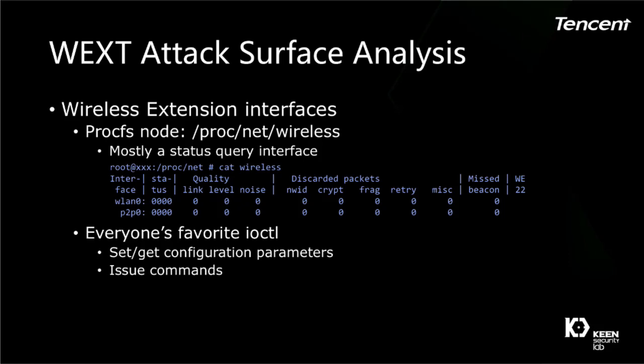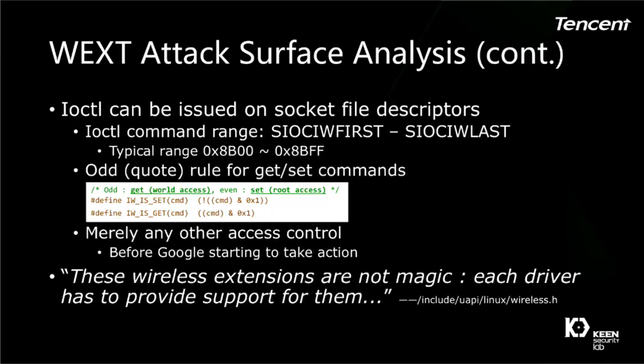So it provides a very feature-rich interface, which can be a potential attack surface as well. Let's take a look at how this I/O control interface was implemented. We all know that I/O control interfaces come with commands, and it reserves a certain command range from 0x8B00 to 0x8BFF.